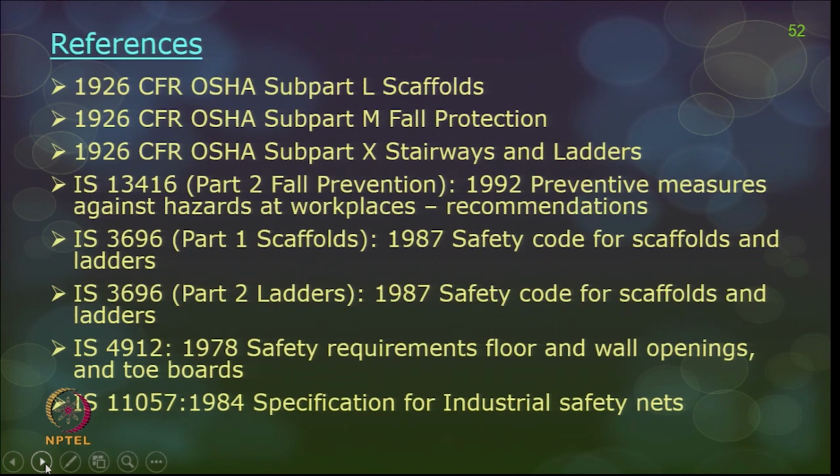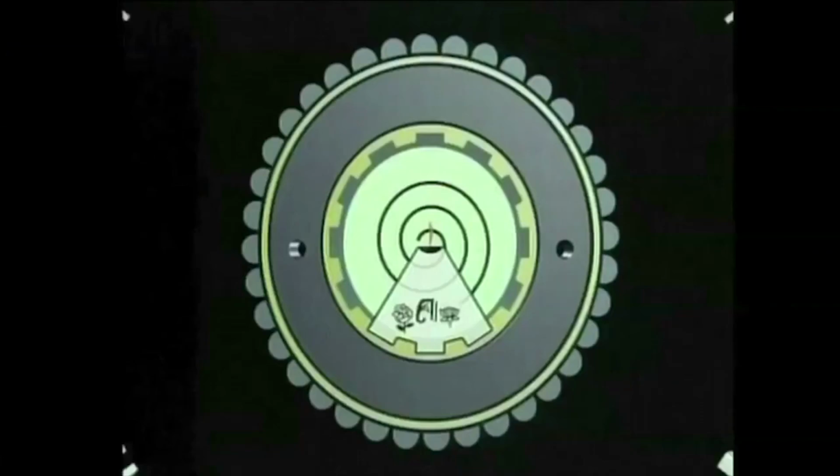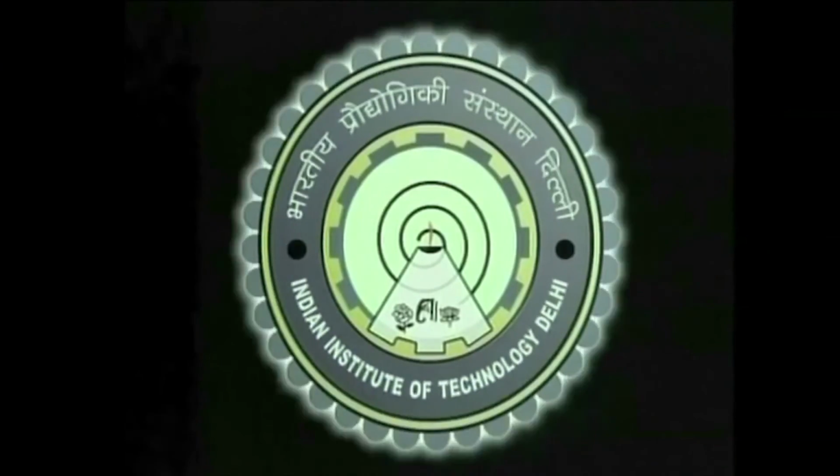IS 3696 Part 1 is on scaffolds and Part 2 is on ladders. IS 4912 is on safety requirements of floor and roof openings and also on toe boards. IS 11057 talks about specification for industrial safety nets. Thank you.